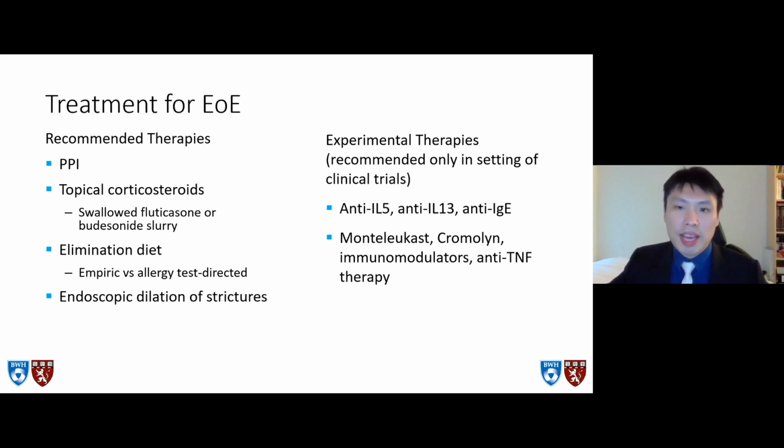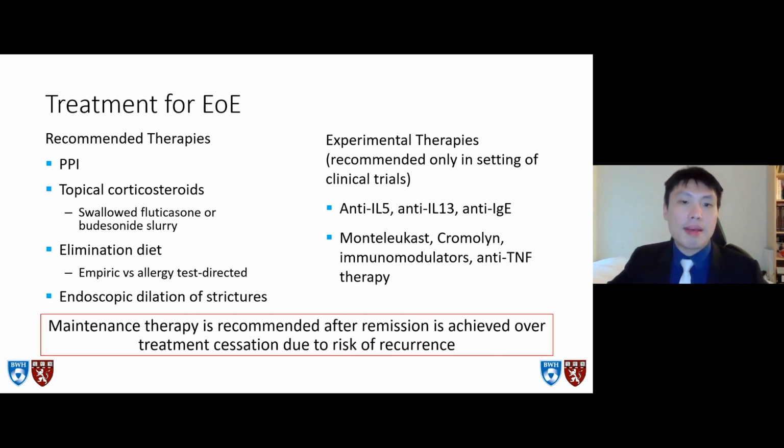Also, montelukast, cromolyn, or other immunomodulators have been studied, and clinical trials are ongoing. The main thing, though, is that maintenance therapy is recommended even after you treat these patients and achieve remission, because there's a high risk of recurrence of disease if you discontinue therapy. So whether you choose PPI, topical steroids, or elimination diet, patients should continue on it for maintenance.